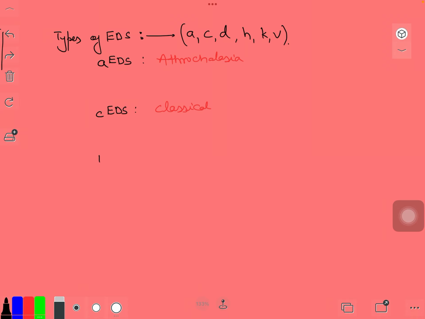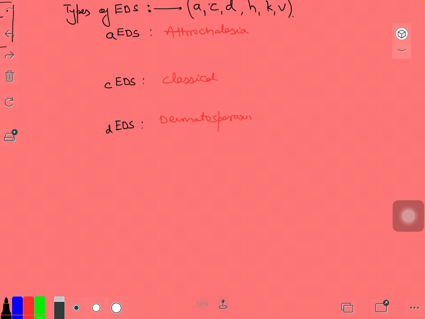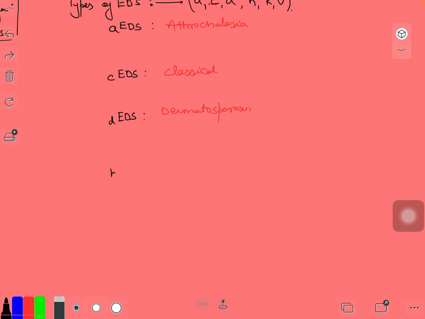Then D EDS. D type of EDS. D stands for dermatosparaxis. Then A, C, D, then comes the H type of EDS. H stands for kyphoscoliotic.